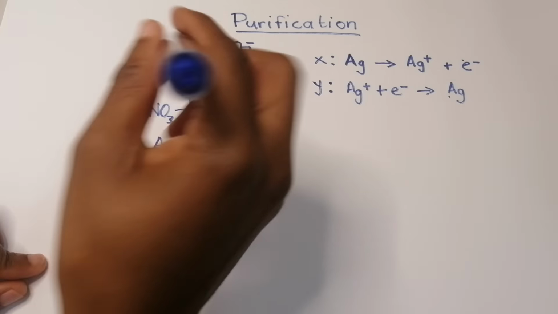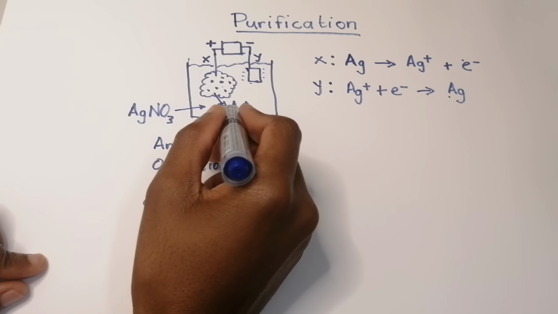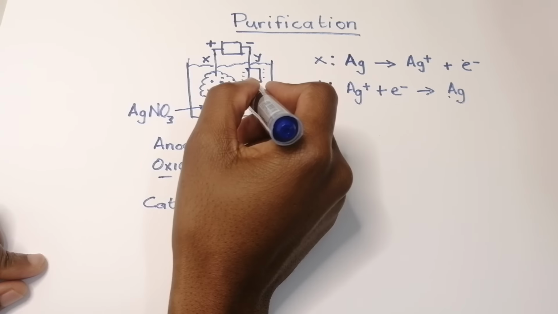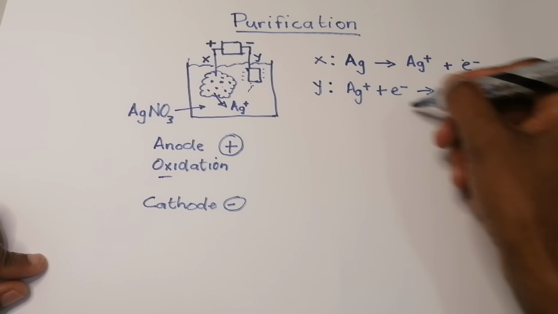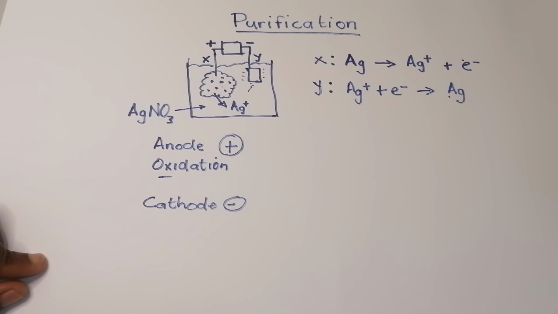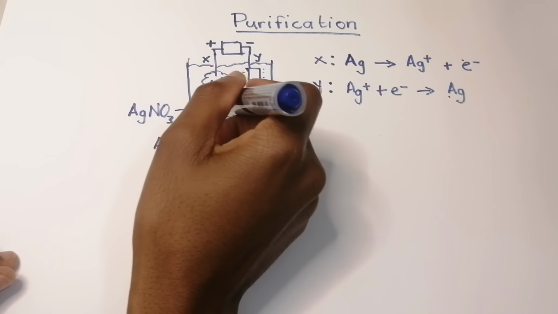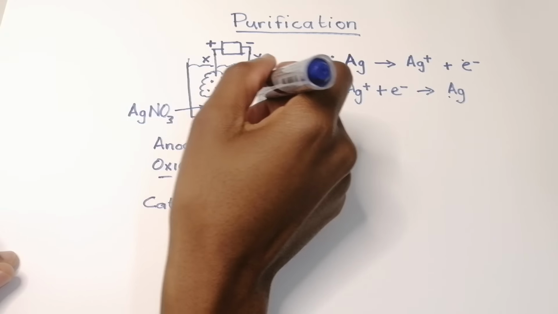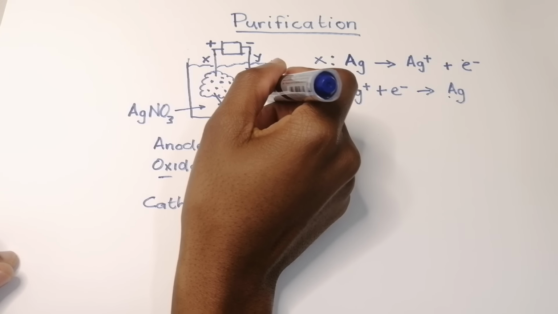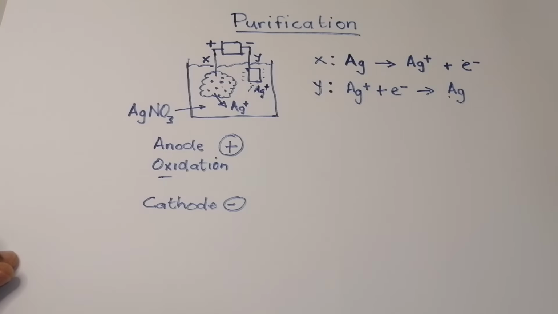And why is that? Because the rate of oxidation here is equal to the rate of reduction. Reduction takes place at your cathode, but at the same time that you are forming those silver ions, at the same rate you are also taking them away and forming silver from them.